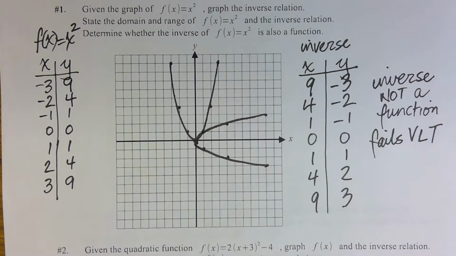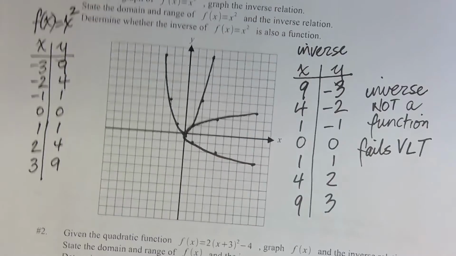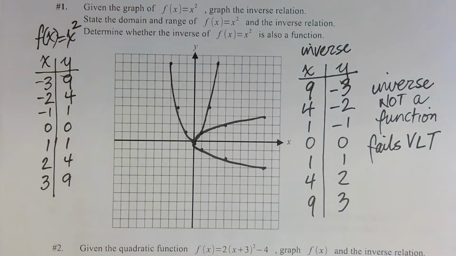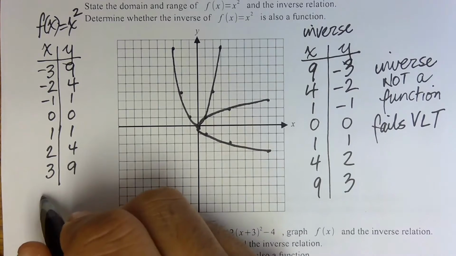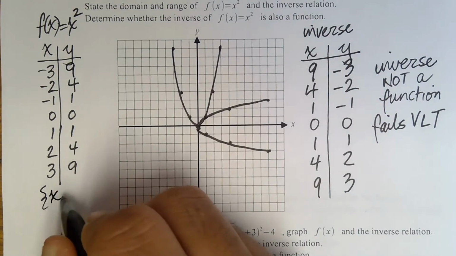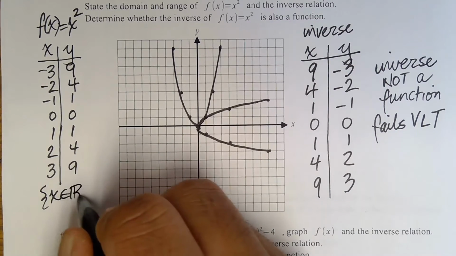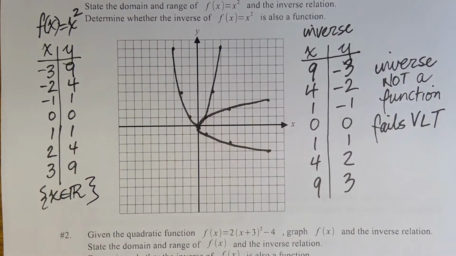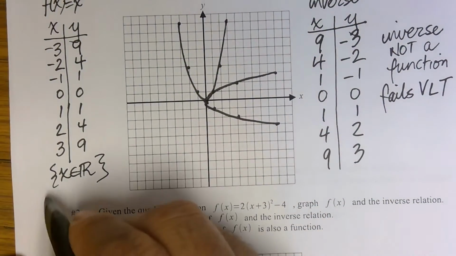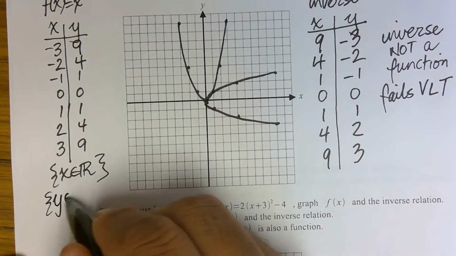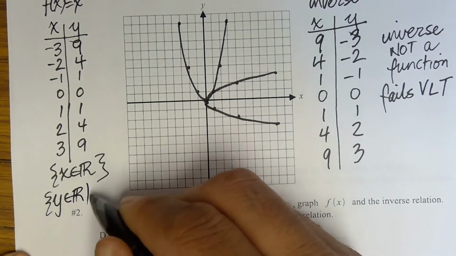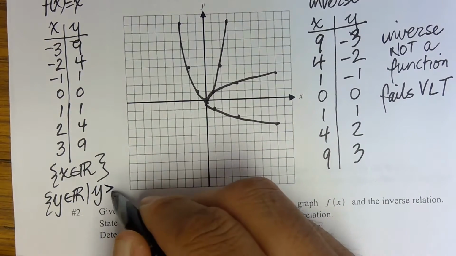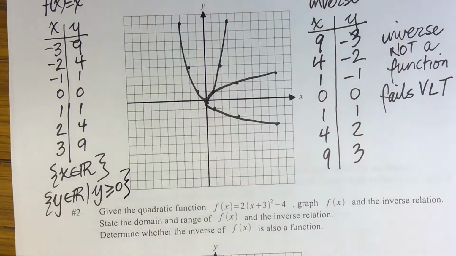So you've got the graph, you've got the inverse. You want to state the domain and range of the original and the domain and range of the inverse. So domain and range of the original: the x element of R is my domain. My range, y element of R, such that y is greater than or equal to 0.